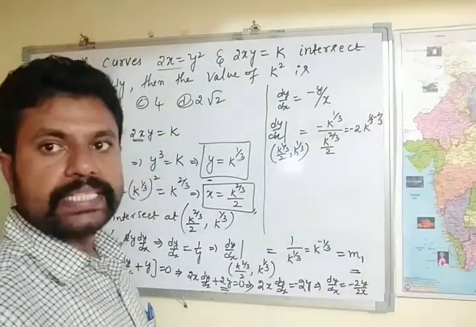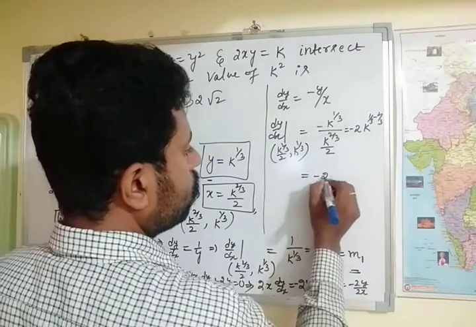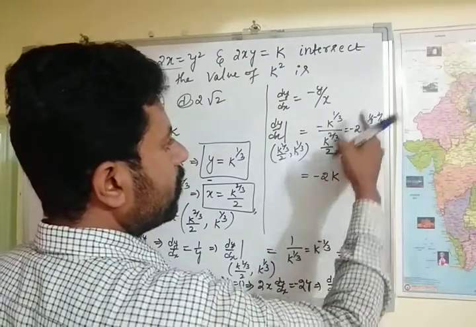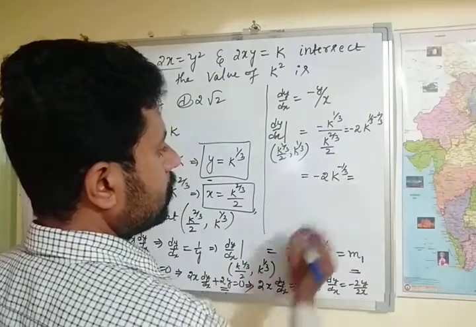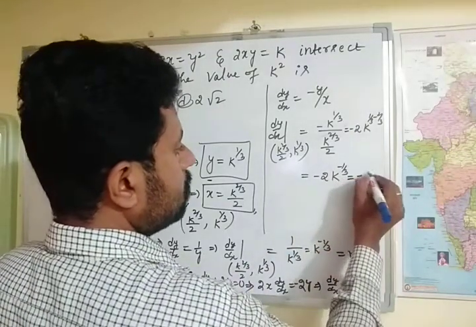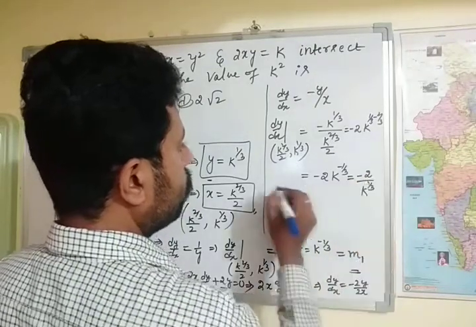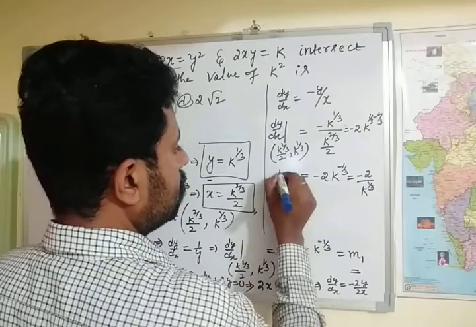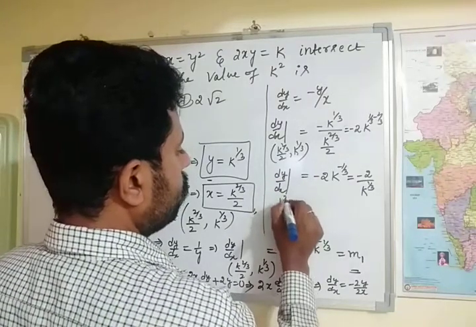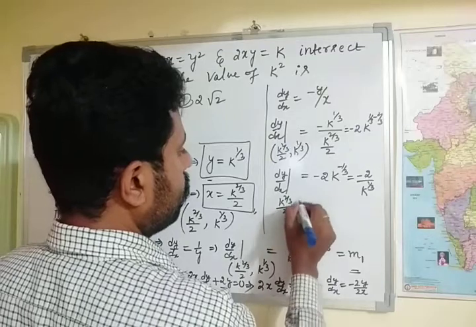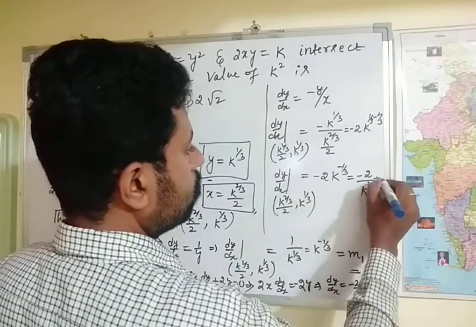See, LCM is 3. Therefore this result can be written as minus 2 into k to the power 1 minus 2 is minus 1 by 3, or this result can also be written as minus 2 by k to the power 1 by 3. This is the value of the second curve slope dy by dx at the point k to the power 2 by 3 divided by 2 comma k to the power 1 by 3. We consider this is m2.